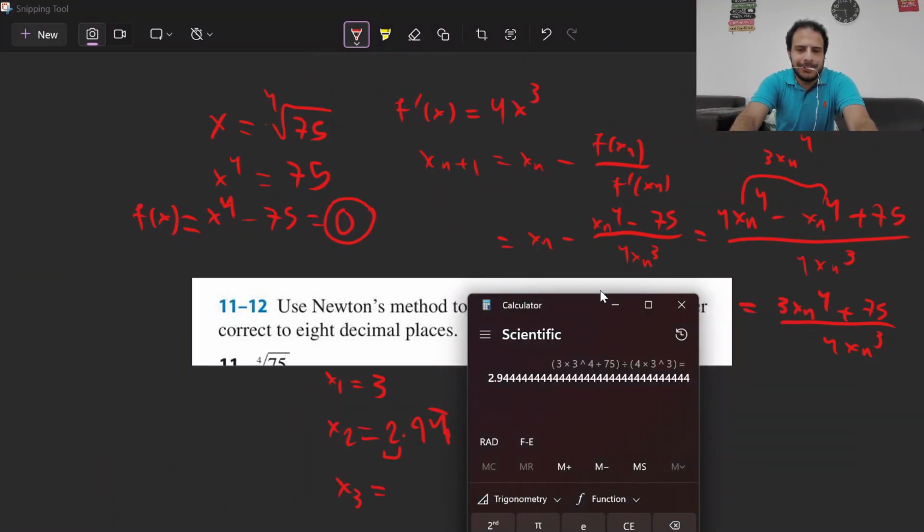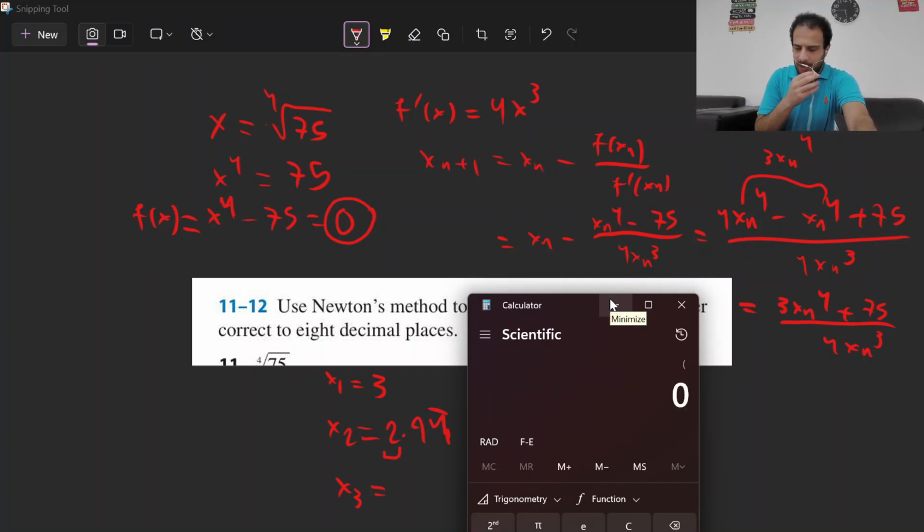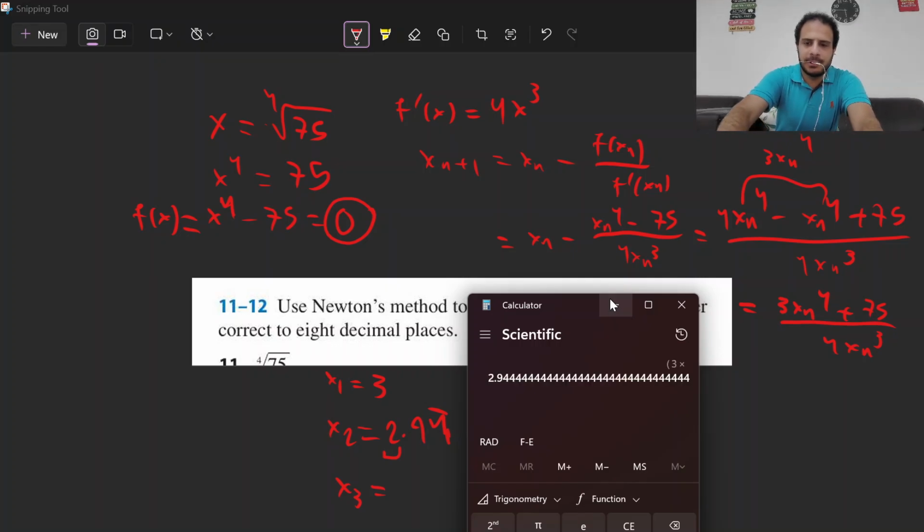Now Control C, then open parentheses, 3 times Control V power 4 plus 75, close, divide open 4 times Control V cubed, close.